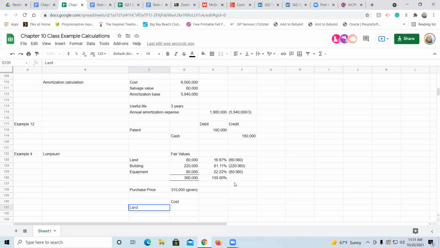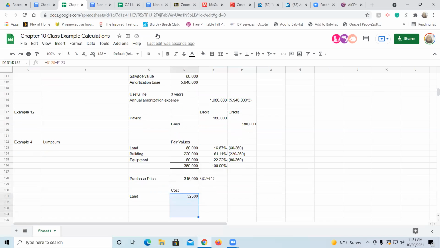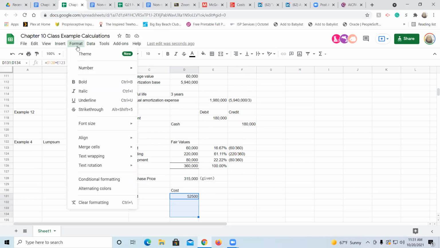So for land, you're going to say, let me just take the given word out here so I can use this number as it stands. Okay, so for land, what you're going to say is 315,000 multiplied by the 17%, right? And so it comes out to 52,500. That's now going to be the cost of the land that you'll put into your books.